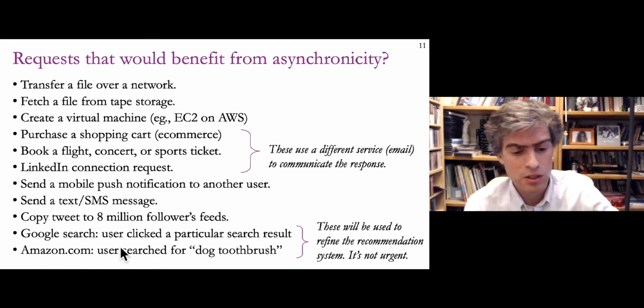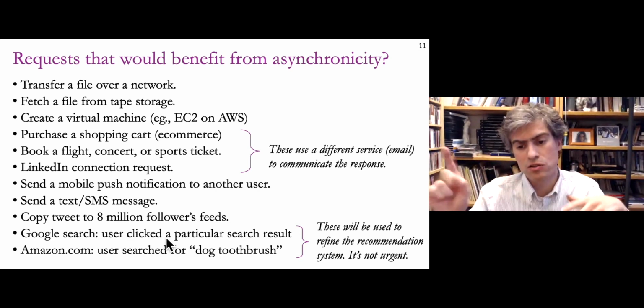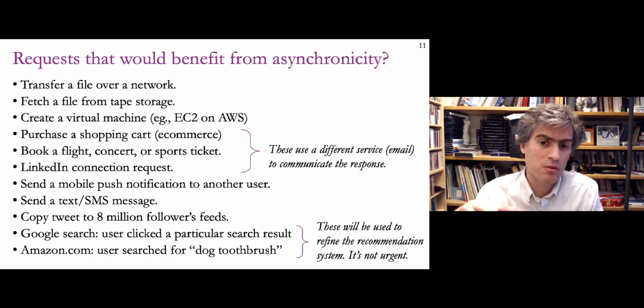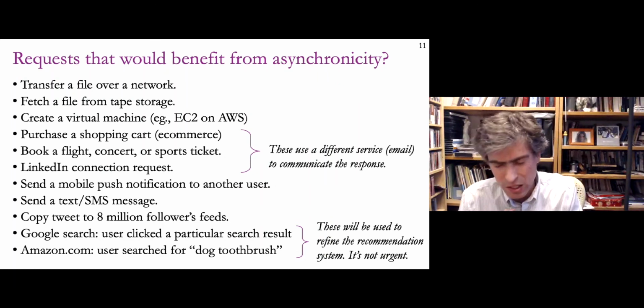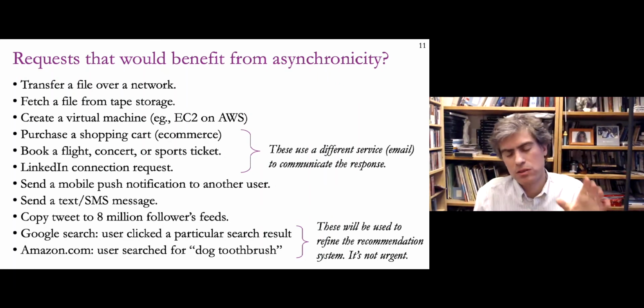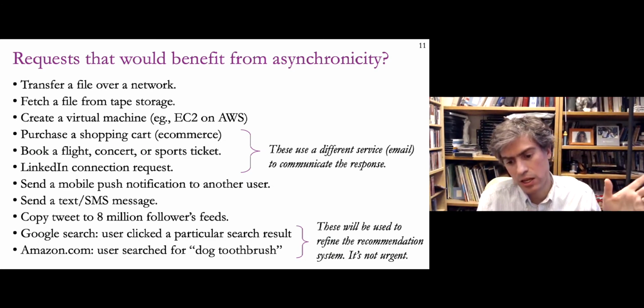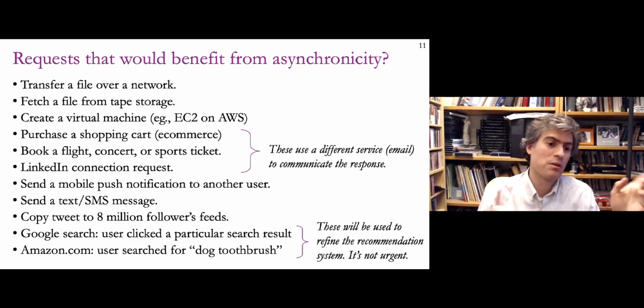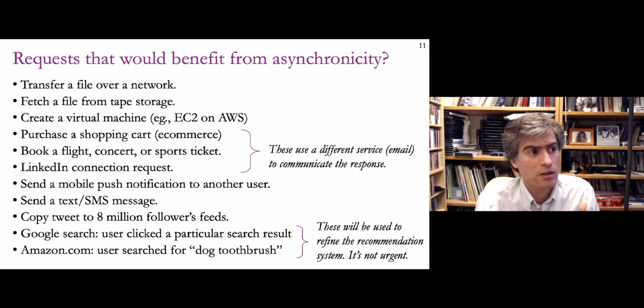For example, when you're using Google and you click on a search result, in addition to navigating to the result, there's also a JavaScript request that runs in the background to tell Google which link you clicked, so that they can refine their recommendation system, determine which search results are actually the best for each term, and also update their behavioral model about what kinds of things you personally are interested in.